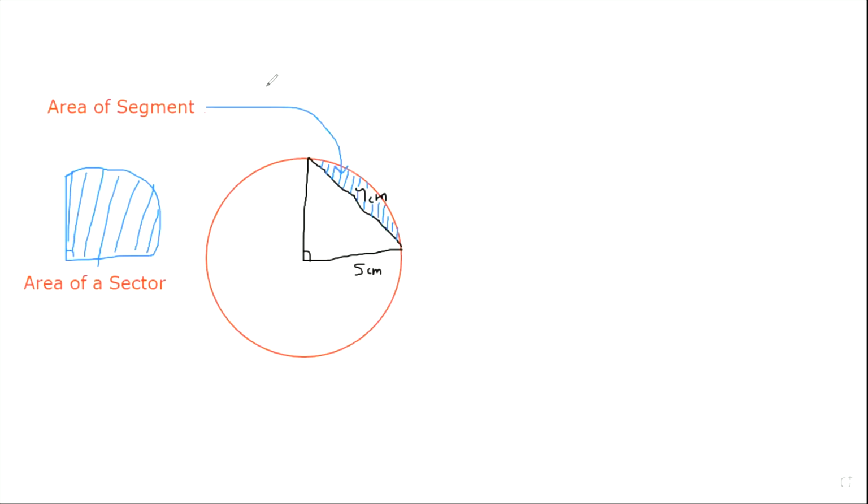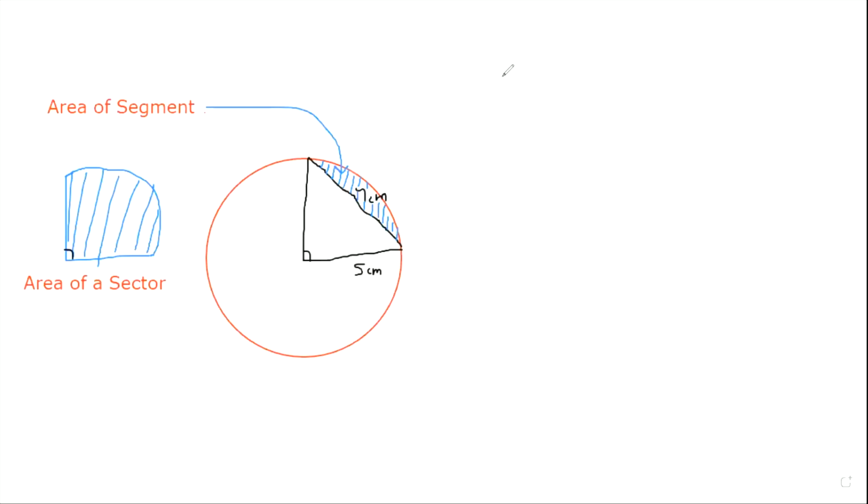So if I find the area of this entire figure here, and then I subtract the value of the area of the triangle on the inside, then I'll definitely be left with the area of a segment. So that's the idea.